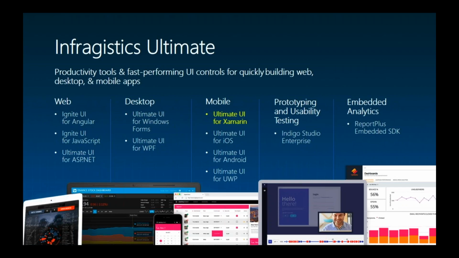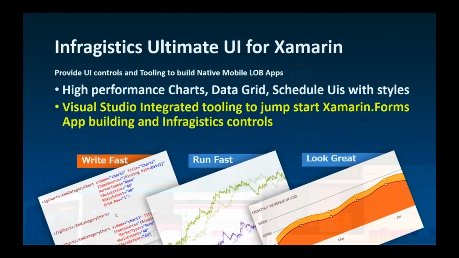You can also purchase Ultimate UI for Xamarin as a single product, but if you are looking for a product which supports web, desktop, and mobile, you can purchase Infragistics Ultimate and use the Xamarin controls as well. So what Infragistics Ultimate UI for Xamarin offers is, one, the UI controls, and another, the tooling. So I'm going to talk about those two things.